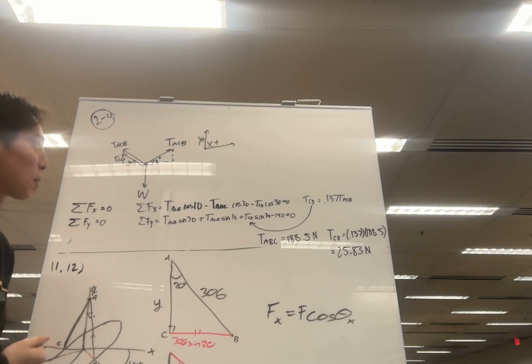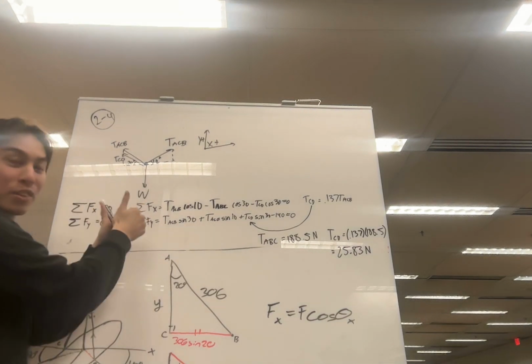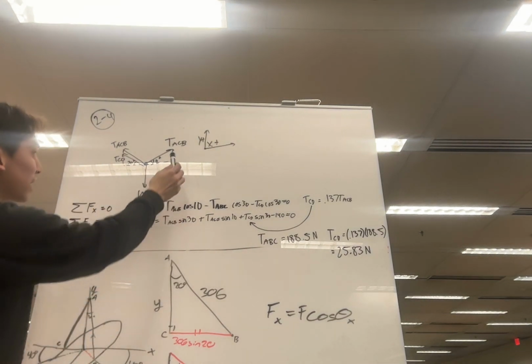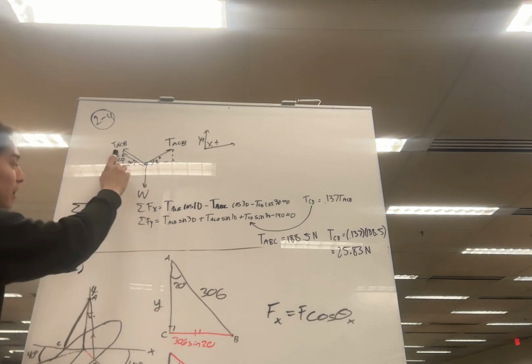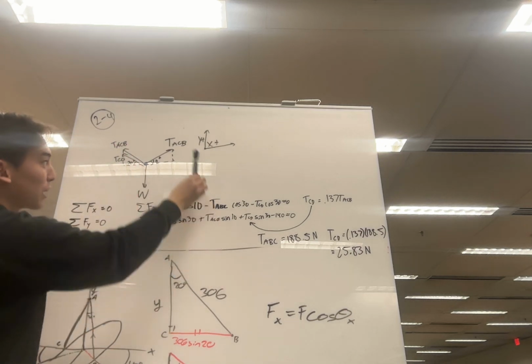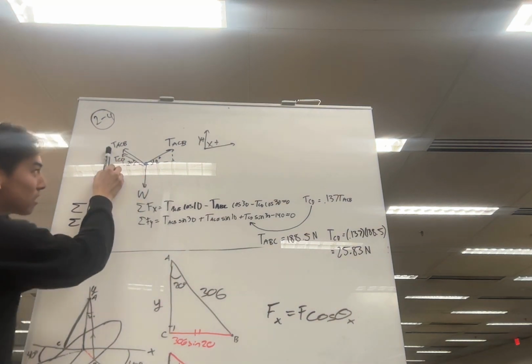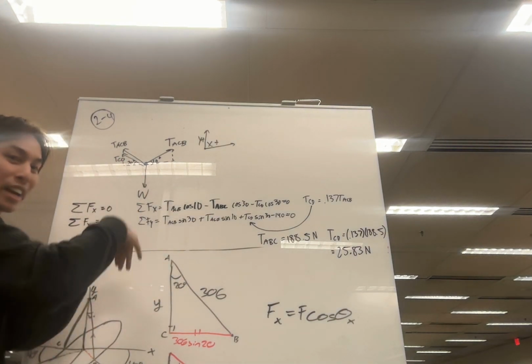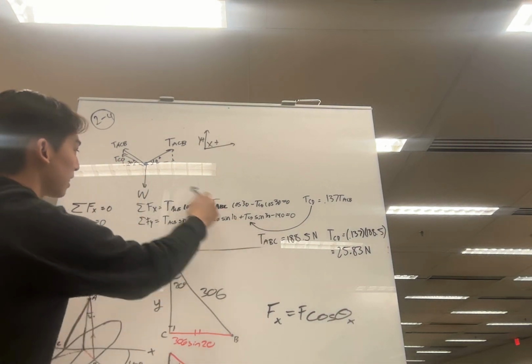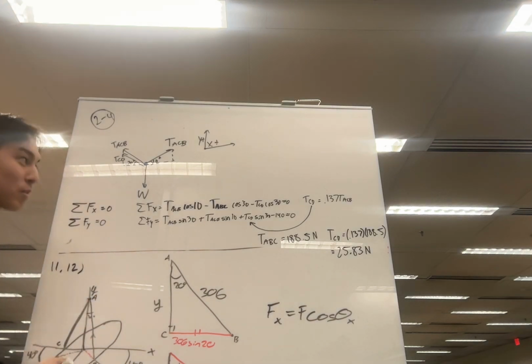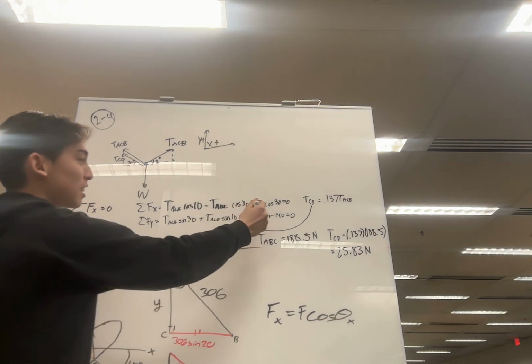Forces in the Y. All the tensions are actually going upwards. So we have the tension on the left side, TACB sine 30, on the right side TACB sine 10, and then TCD sine 30. That counterbalances the guy's weight of 140 newtons. Now that we have two equations with two unknowns, we have a system of equations, and we're going to isolate TCD on the top.